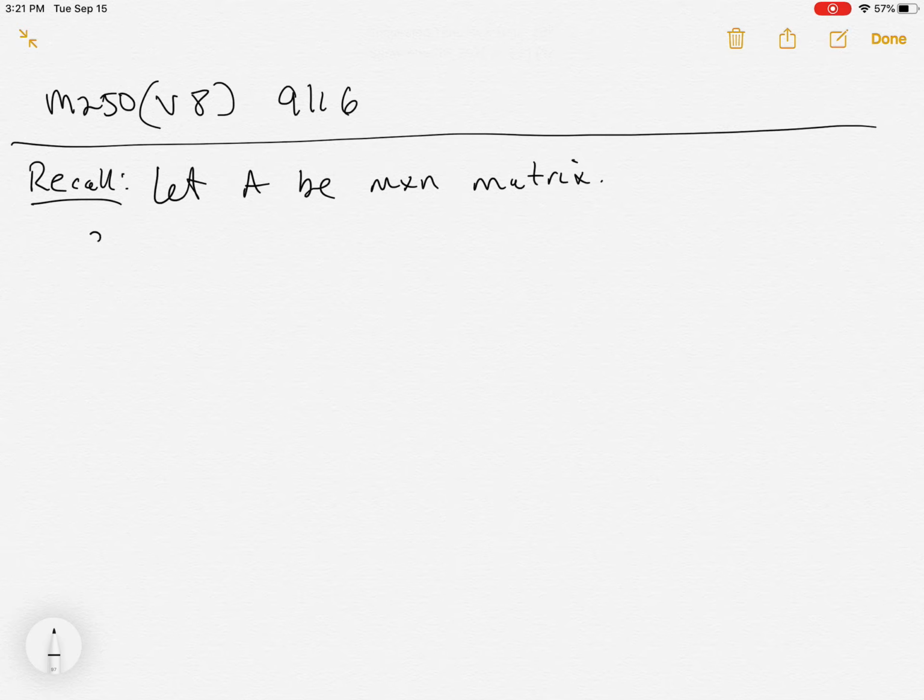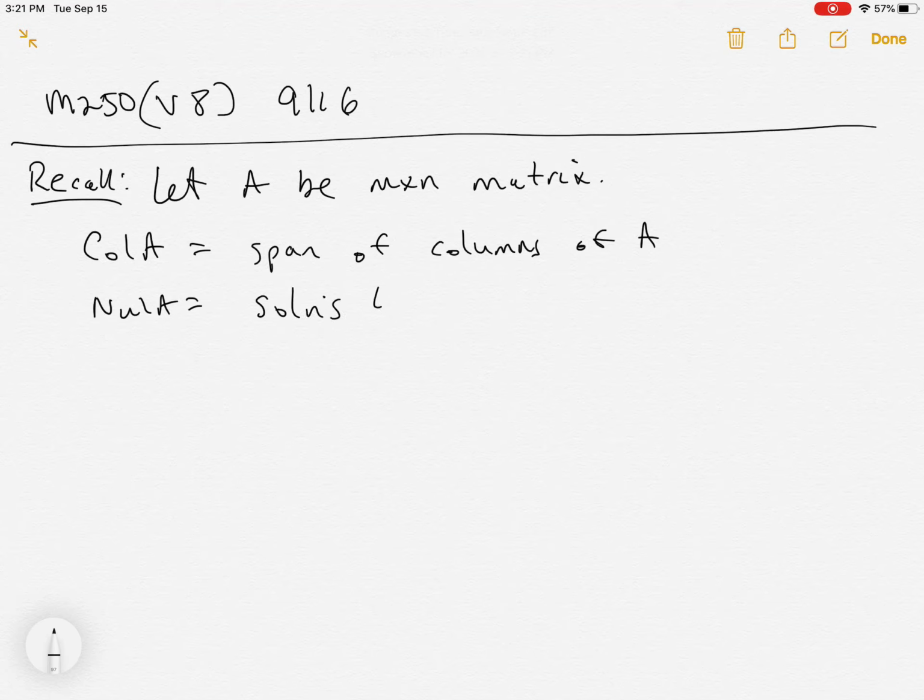And we define the column space of A to be the span of the columns of A. And we define the null space of A to be solutions to the homogeneous equation AX equals 0, all linear combinations of the solutions to AX equals 0.